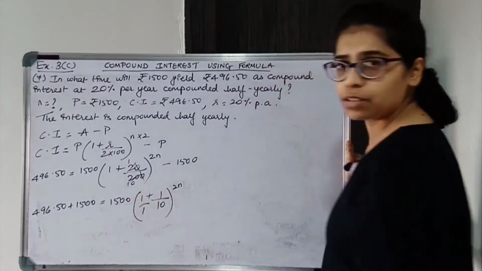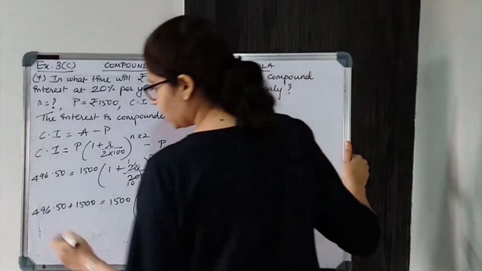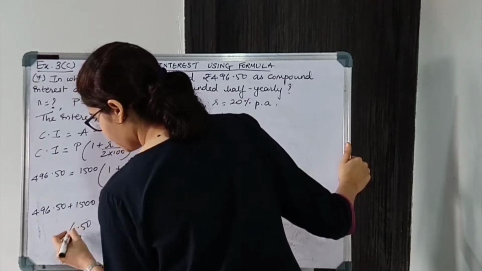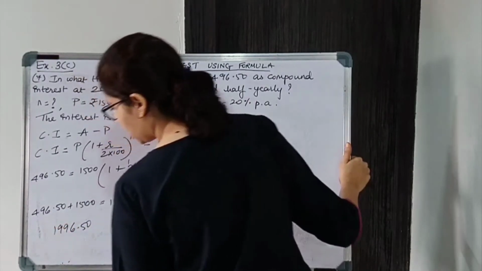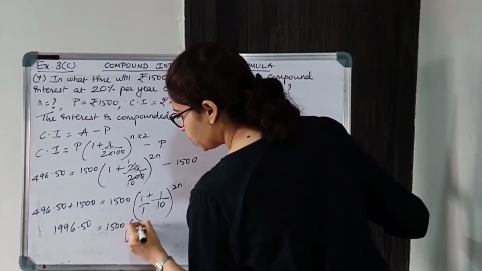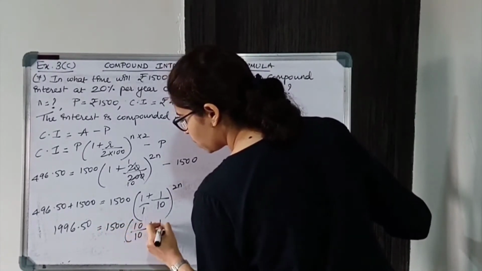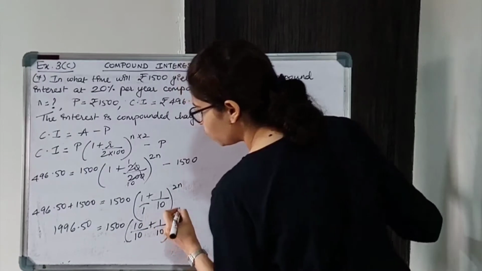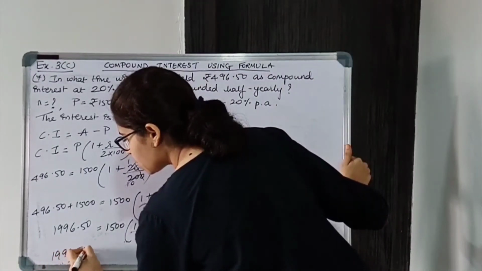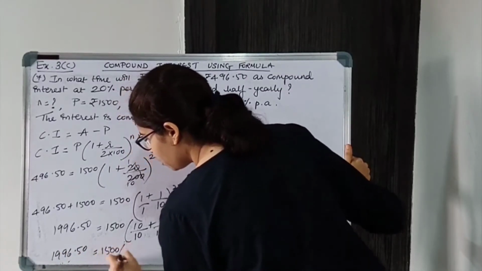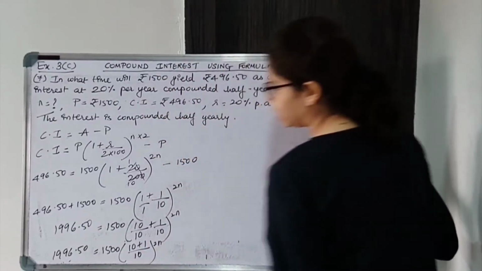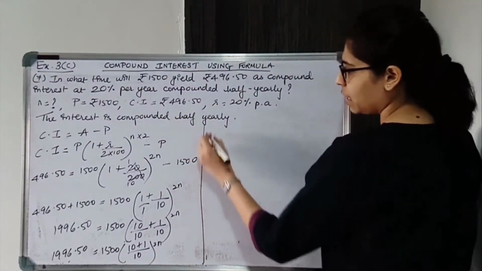We'll take LCM over here. Okay, now let's add this. So we'll get 1996.50 is equal to 1500 into ((10 plus 1) upon 10) raised to 2n. Okay, so 1996.50 is 1500 into (11 upon 10) raised to 2n.